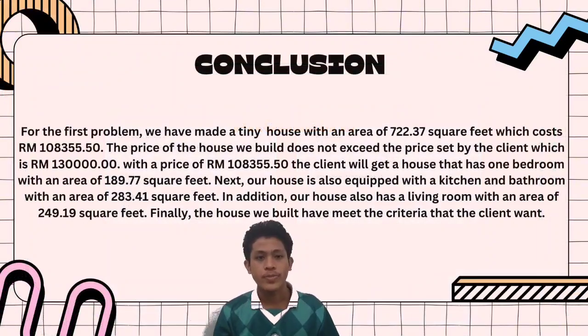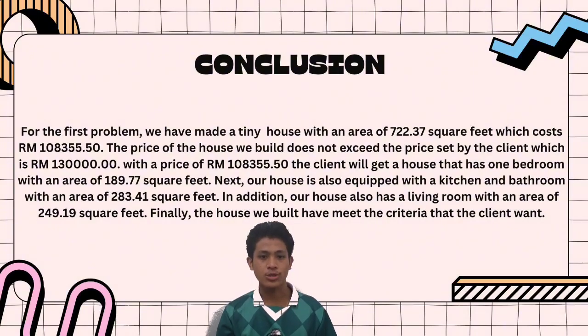In conclusion, for the first problem, we have made a tiny house with an area of 722.37 square feet, which costs RM 108,355.50.